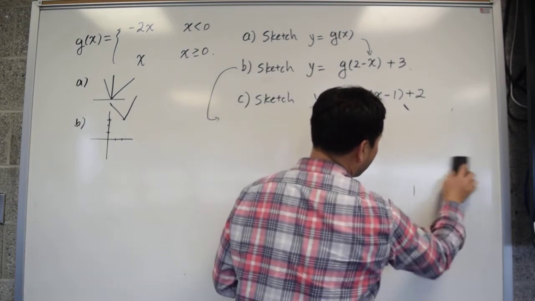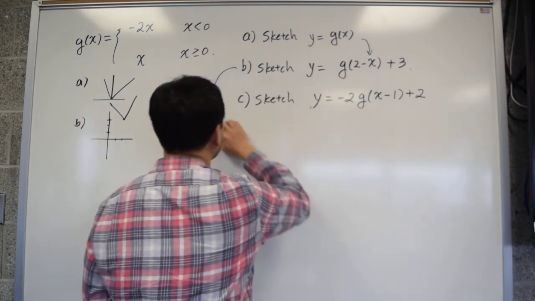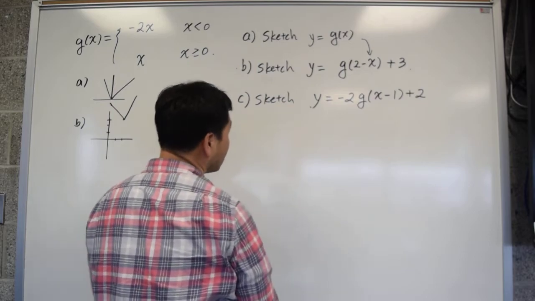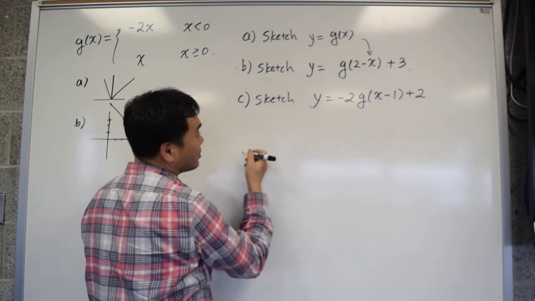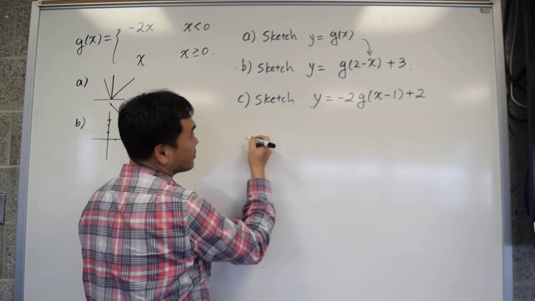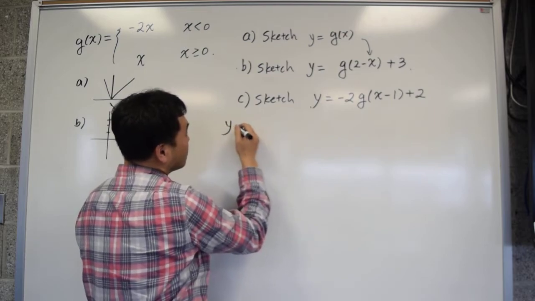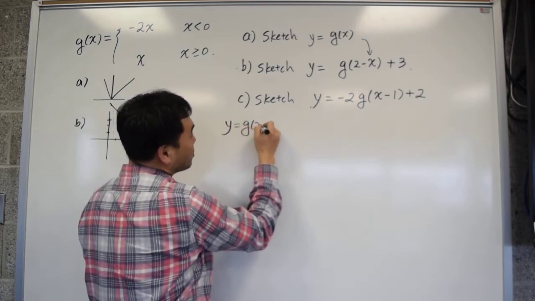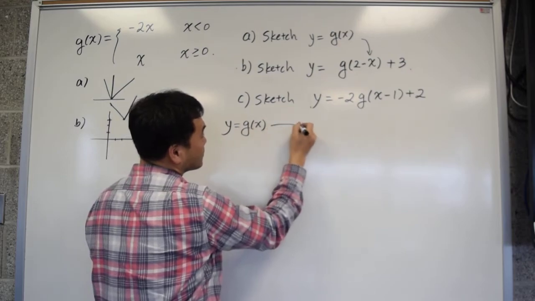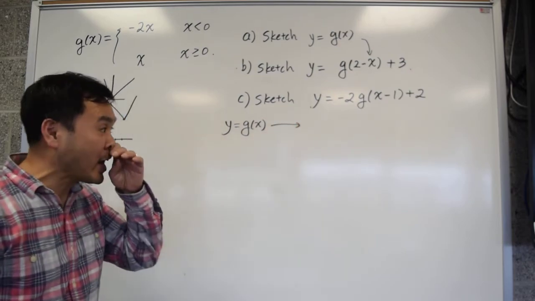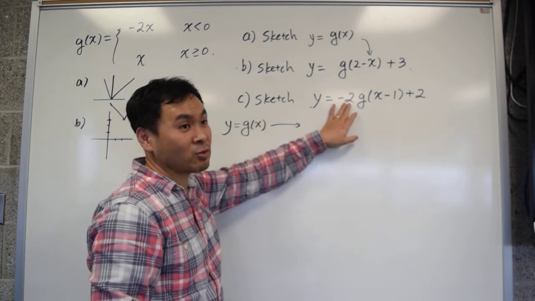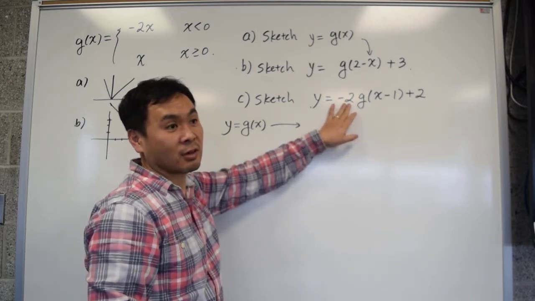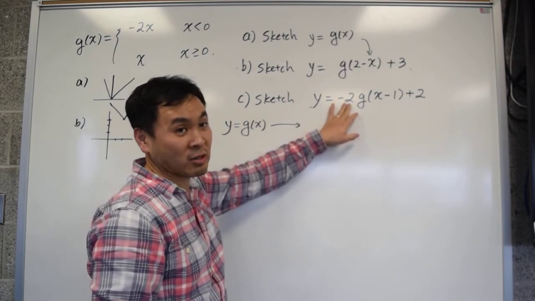All right. Now let's try part C. You start from y equals g of x. If you have something multiplied to the function, I advise you to do that transformation first.